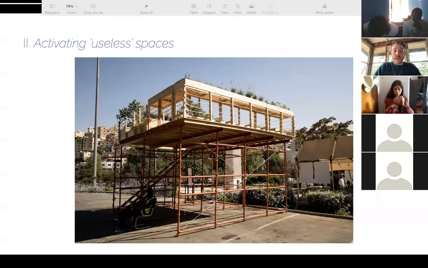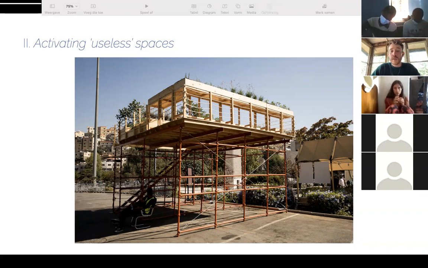Then there is the sense of useless spaces. So a lot of surfaces in our cities are covered and used as parking lots, covered with asphalt, concrete. In this case, a picture from Amman Design Week, with an installation from a Lebanese designer that was commissioned to us, that we built for her, in which you see a scaffolding structure with on top a herbal garden.